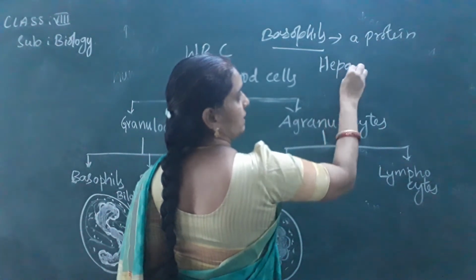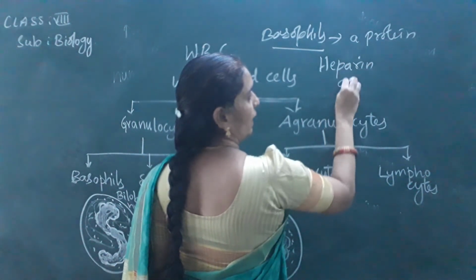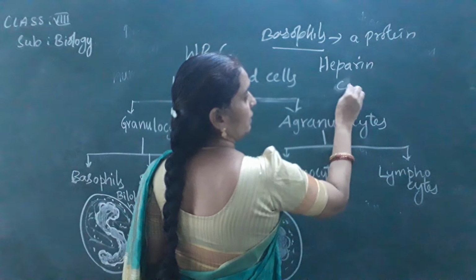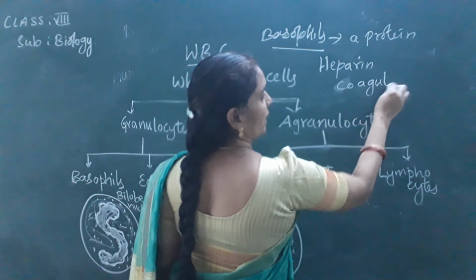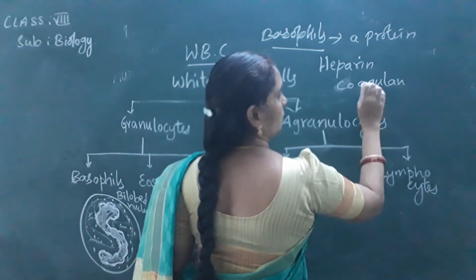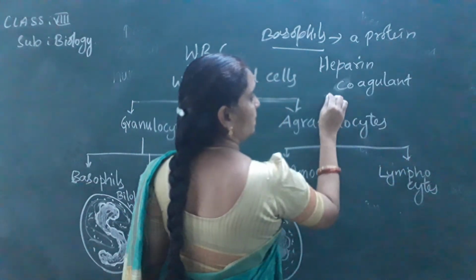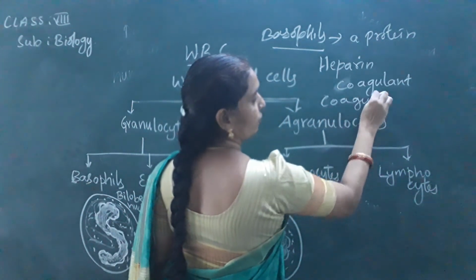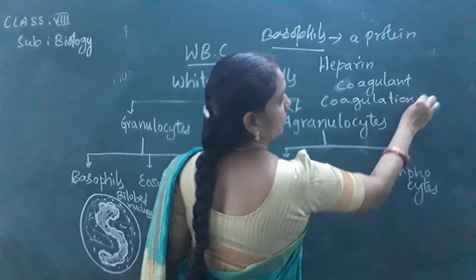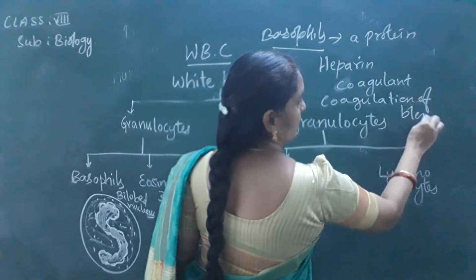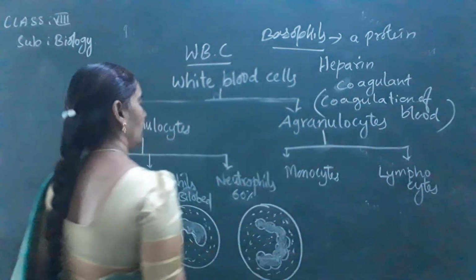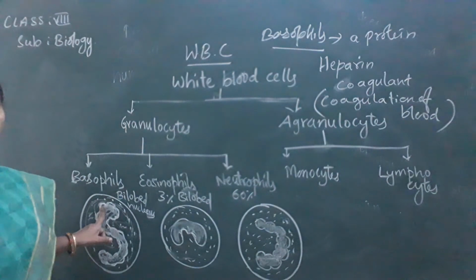It is an anticoagulant which helps in the coagulation of blood. So basophils help with the coagulation of the blood.